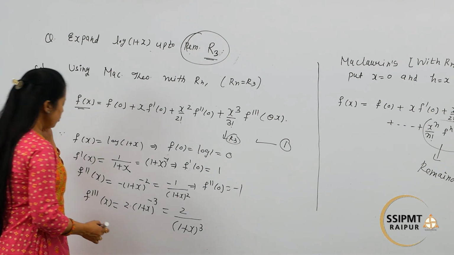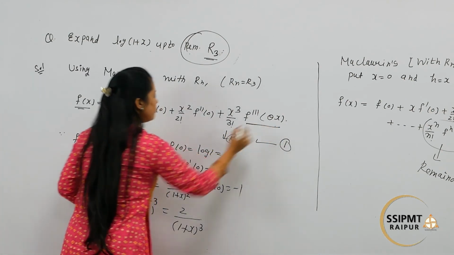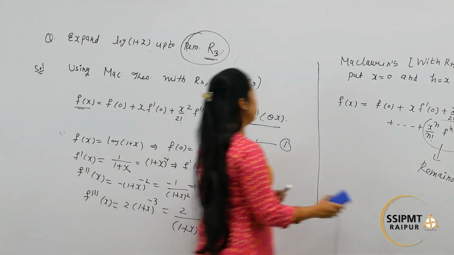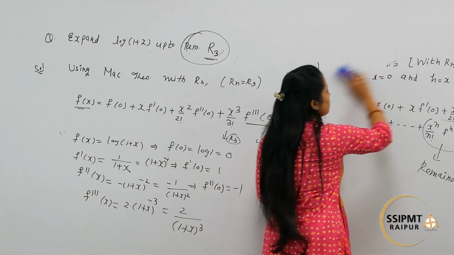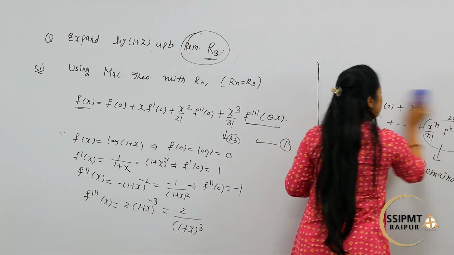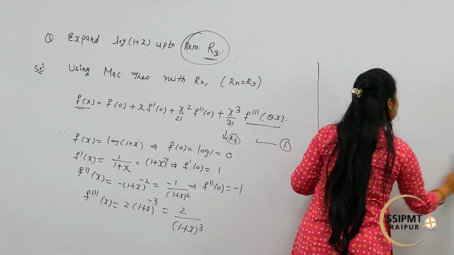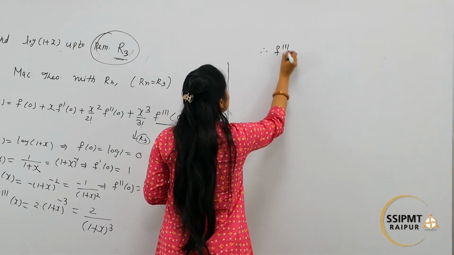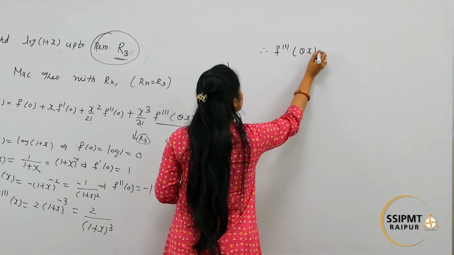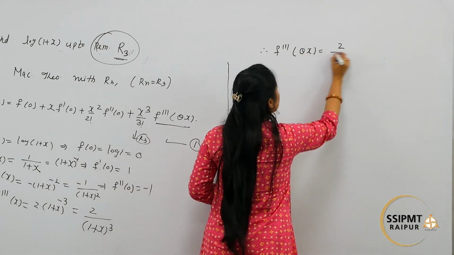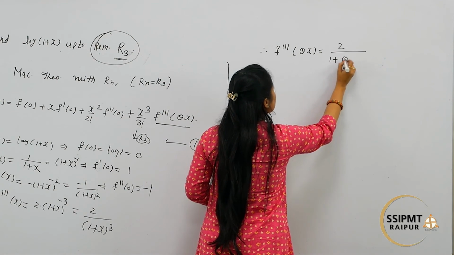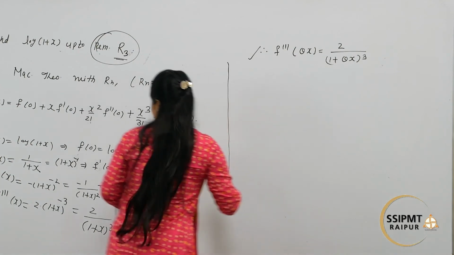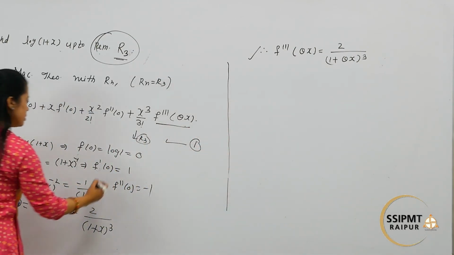And since we have to find f'''(θx), in place of x we have to put θx. So f'''(θx) will be 2/(1+θx)³. So we have all the values which are needed.